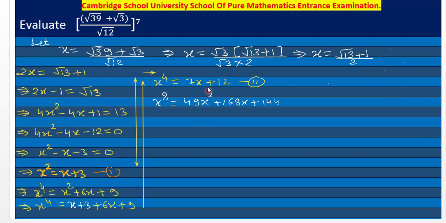But again, in place of this x square, we can write x plus 3. So x raised to the power 8 is equal to 49 multiplied by x plus 3, and 168x plus 144 as it is.